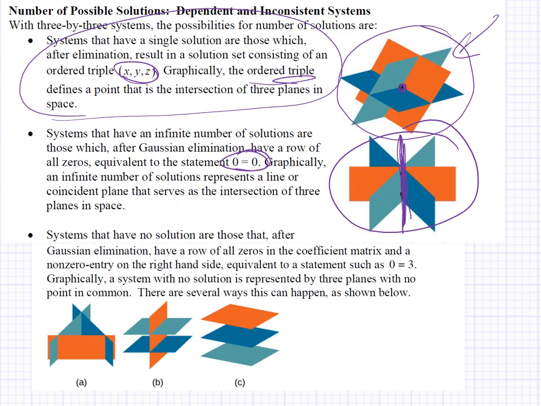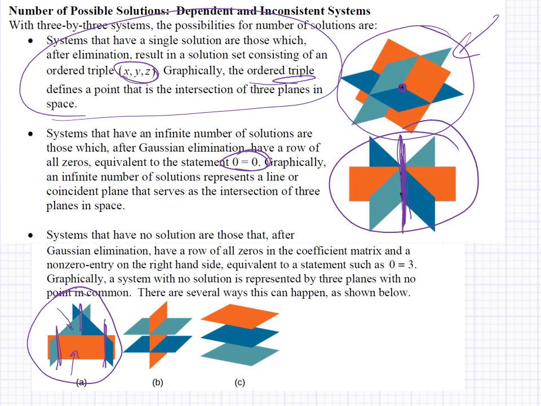There's a bunch of other possibilities that all represent essentially no solution. That is if all three planes look like this, where they don't share anything. So this orange plane here and this green plane here intersect here, but the green plane and the blue plane intersect here, and then the blue and the orange plane intersect here, in which case there's nothing that all three of them share.